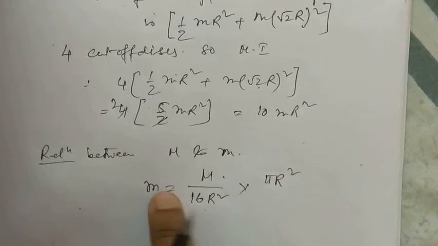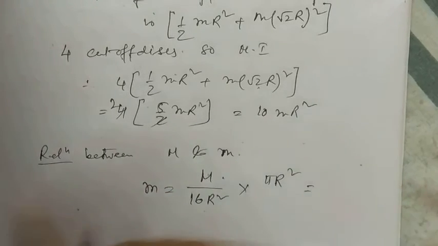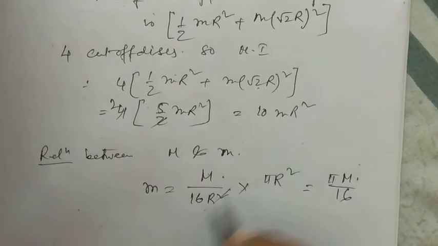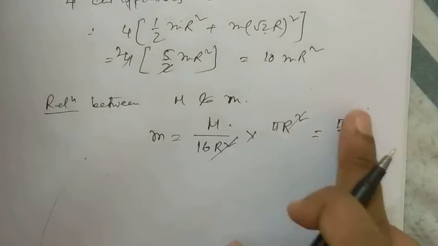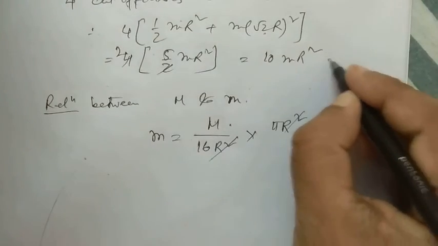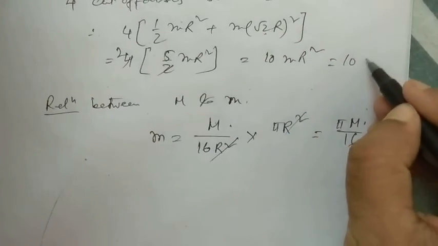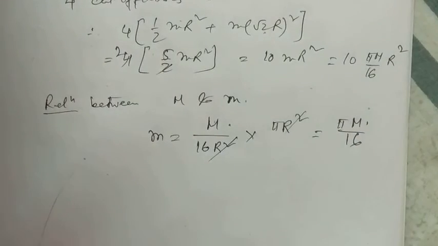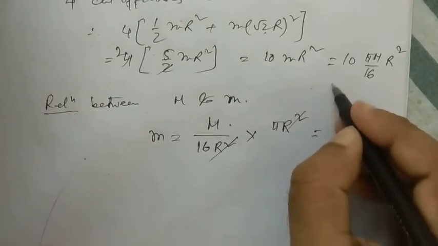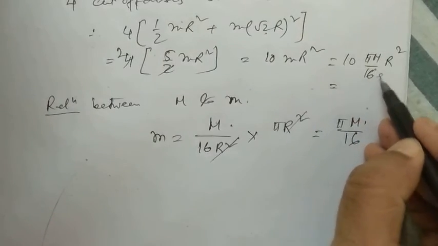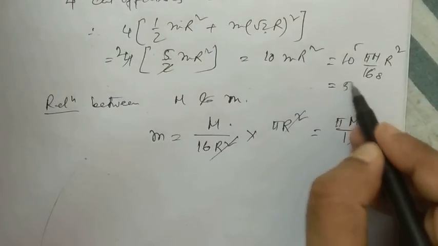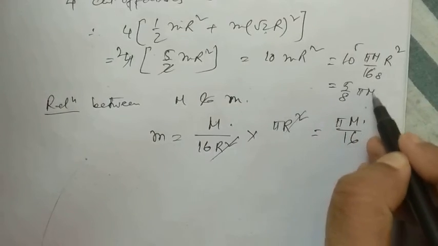That gives the mass of one cutout part. So pi M by 16, as r square gets cancelled. So the value of small m is pi M by 16. So this will be 10 into pi M by 16 into r square, which is 5 by 8 pi M r square.